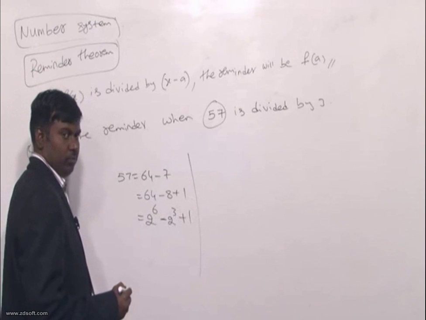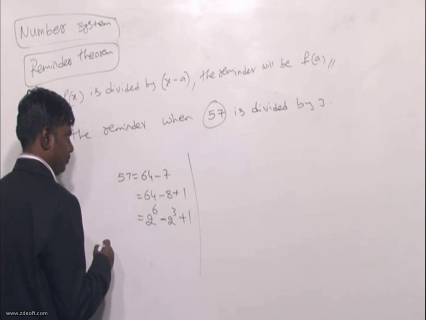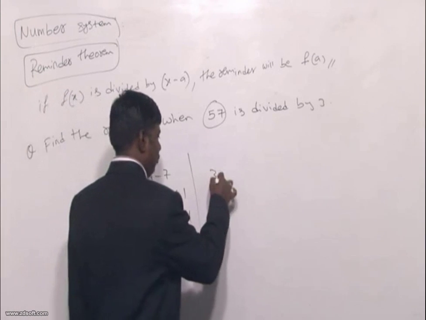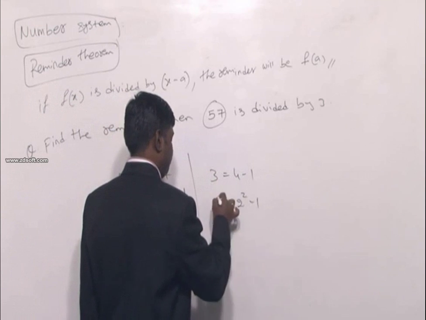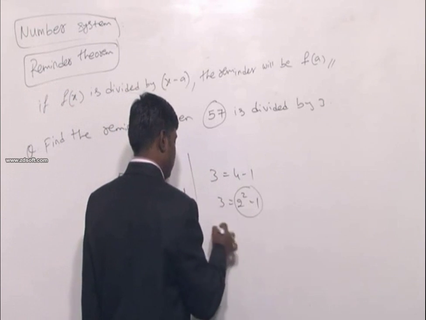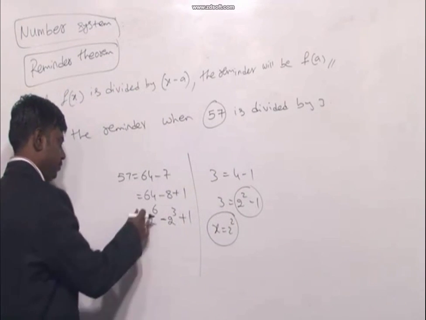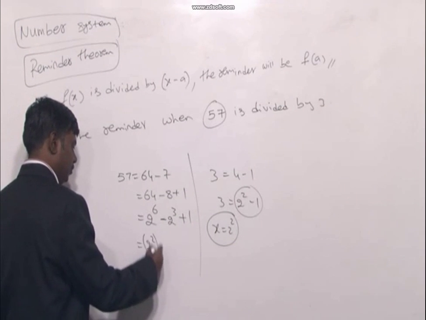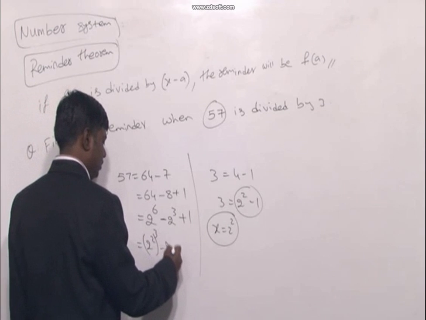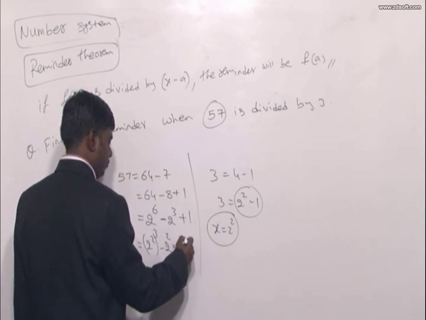So if I have to express 57 as f of x, I would like to express 3 as 4 minus 1, that is 2 square minus 1. So x I am taking as 2 square. This 57 I express as 2 square whole power 3 minus 2 square into 2 plus 1.